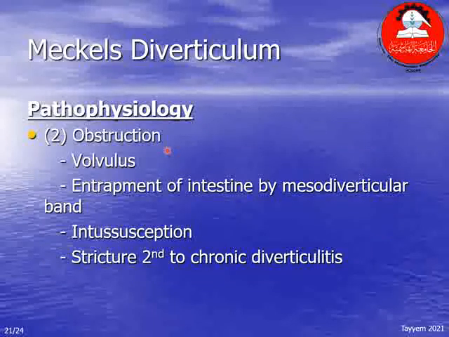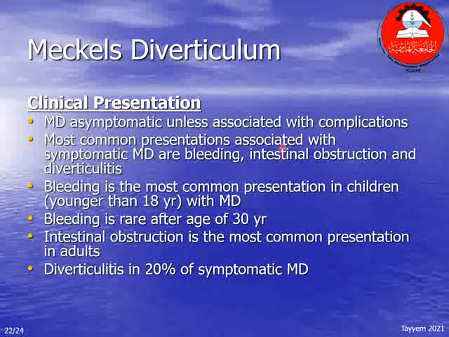The second complication is obstruction, either due to volvulus or due to the presence of a band, intussusception, or stricture secondary to chronic inflammation and diverticulitis.